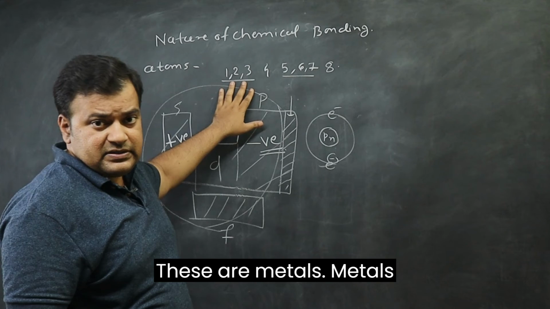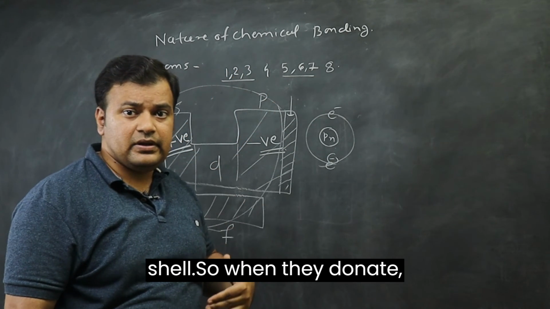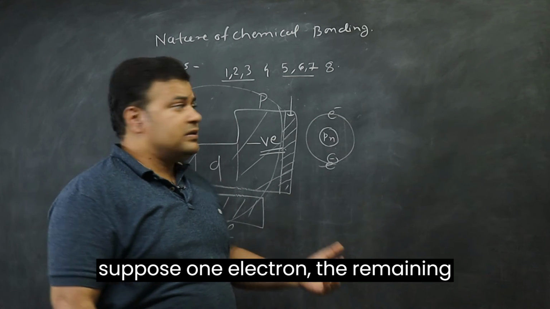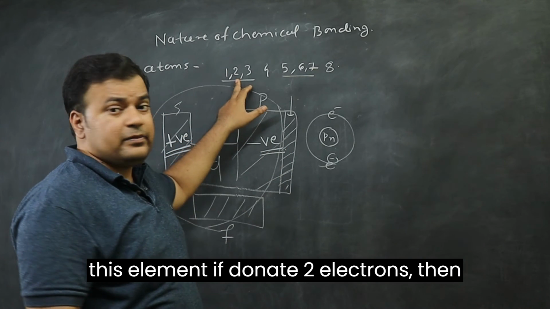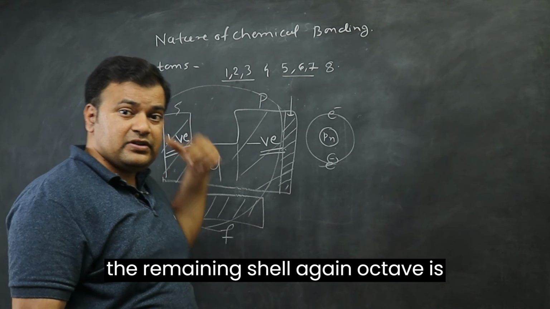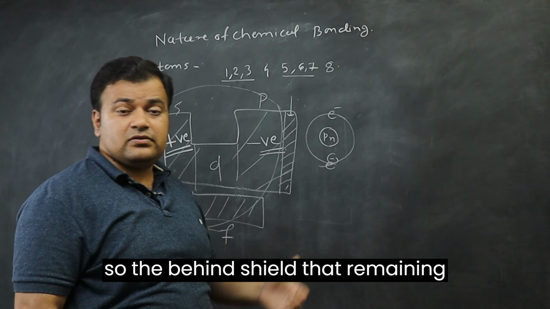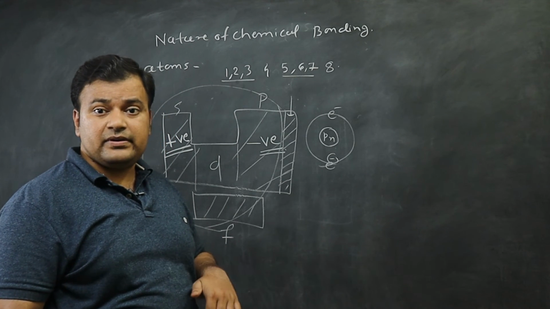These are metals. Metals have 1, 2, 3 electrons in the outermost shell. So when they donate suppose 1 electron, the remaining shell has an octet complete. Suppose this element donates 2 electrons, then the remaining shell again has octet complete. When it donates 3 electrons, the remaining shell of that element has octet complete.